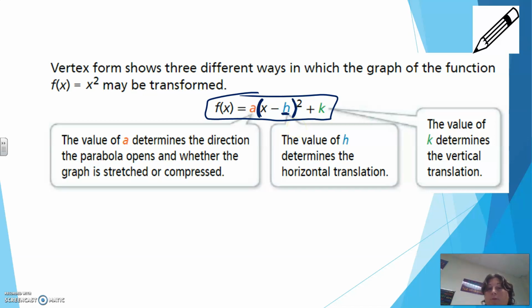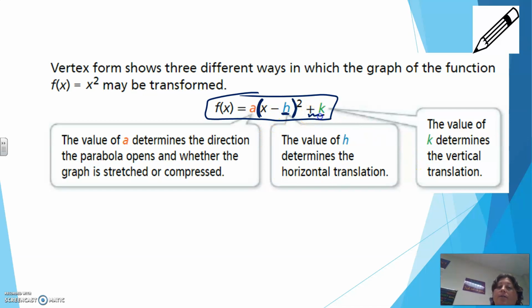But remember, from chapter 1, the x minus h is the opposite of what you would think. If this was a 2, if I see x minus 2, I might think left 2. But remember, I am subtracting a positive 2. So x minus 2 actually moves the graph right 2.